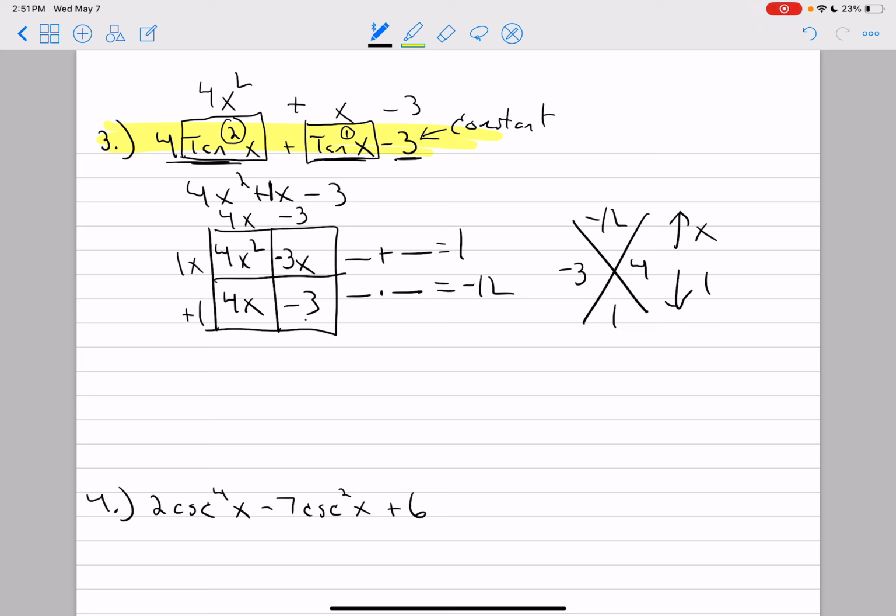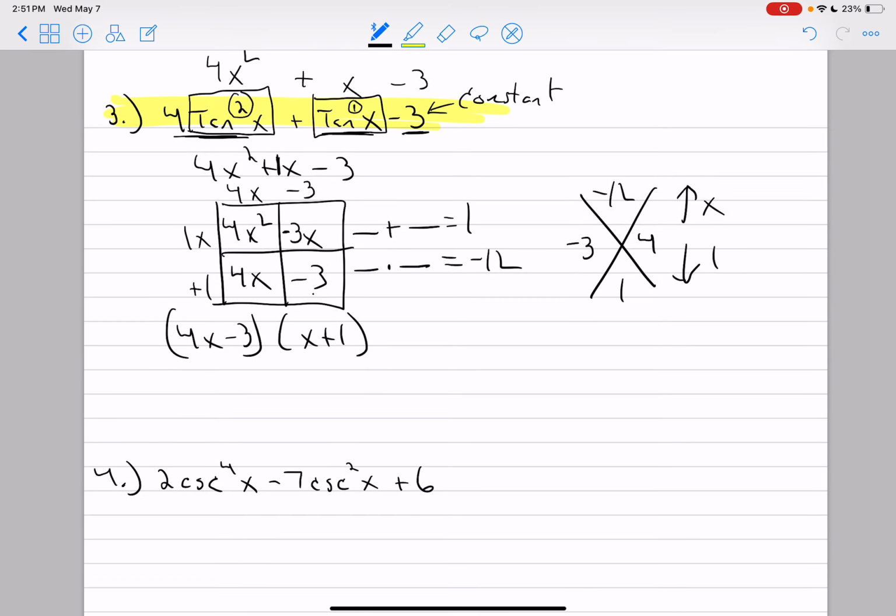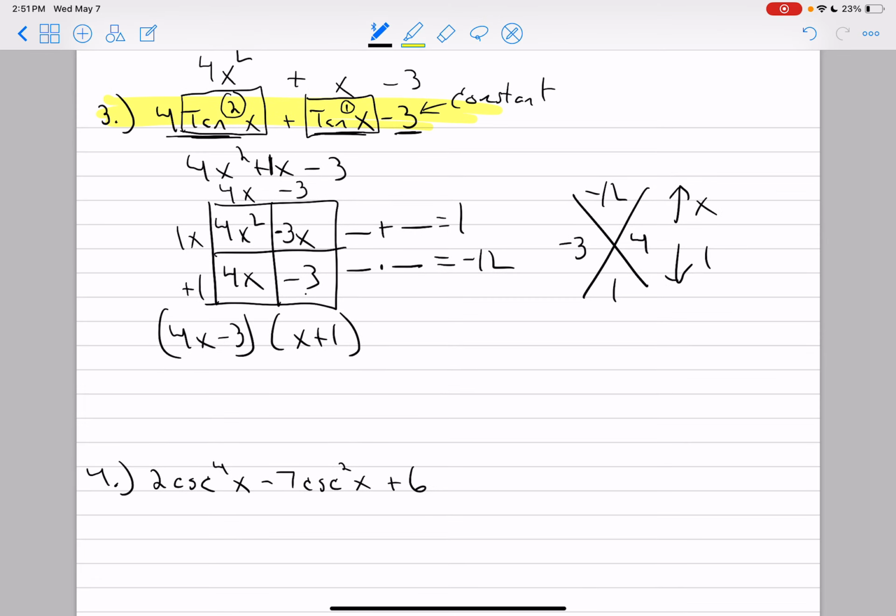Yep, we're looking pretty good. All right, so if we factor this, we end up with 4x minus 3 times x plus 1. Again, that's just old school factoring. Now all we have to look at is, what did we actually substitute for x? Well, we said x is actually tangent of x.